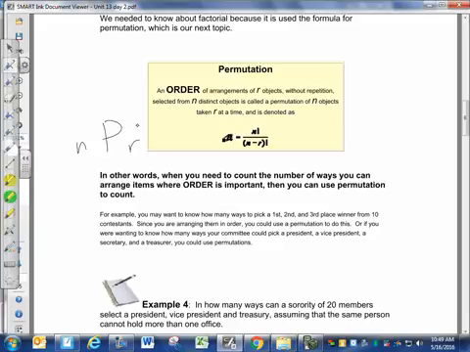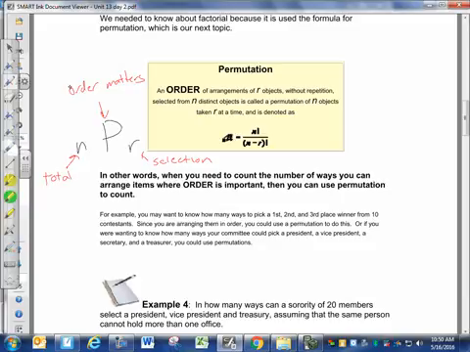So n is my total, not 20, total. r is my selection. We'll use P because the order matters, which means we are not just selecting a group of 3, we are instead selecting a president, a vice president, a treasurer, a first place, a second place, a third place.